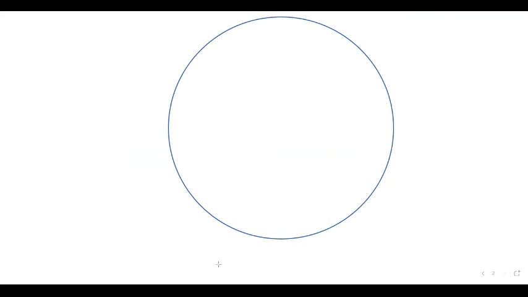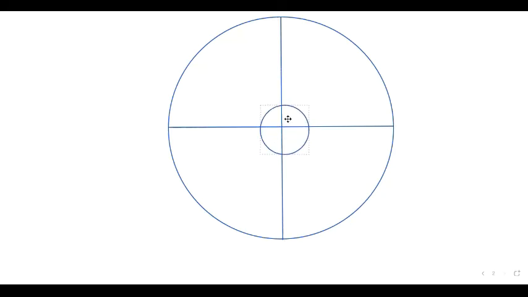So first we draw a 90 mm radius circle, and we draw a 30 mm radius circle.